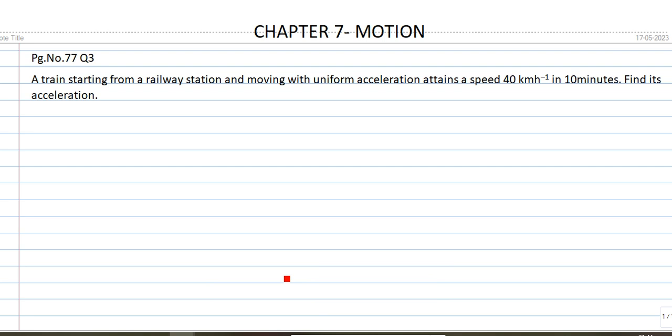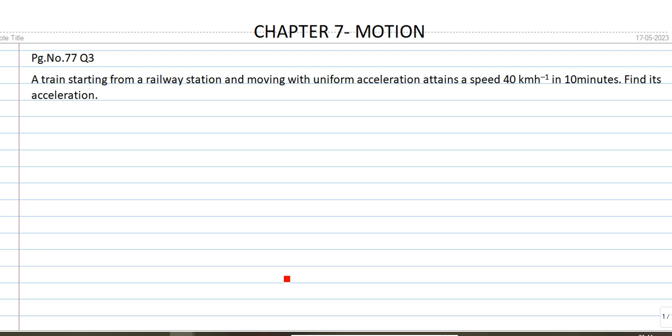This is on page number 77 and the next question, question number 3. This says a train starting from a railway station and moving with uniform acceleration attains a speed of 40 km per hour in 10 minutes. Now we have to find the acceleration. What is given?